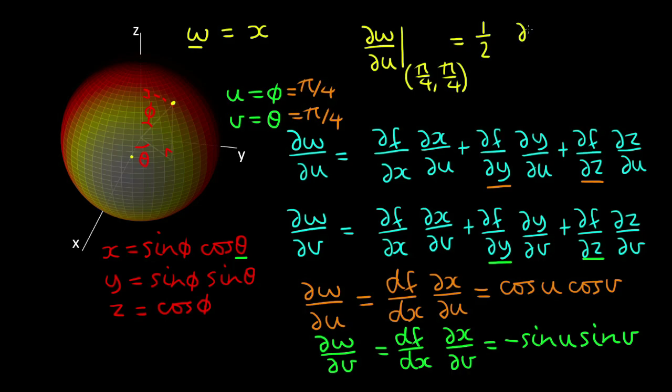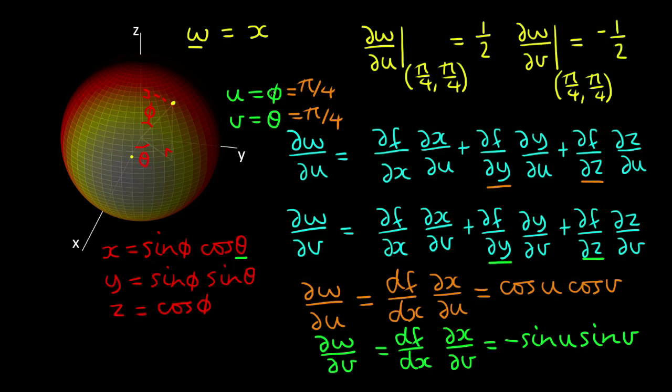And similarly, the partial of w with respect to v, evaluated for the same values of u and v, is minus sine pi on 4, which gives minus 1 on root 2 by sine pi on 4, so that gives minus 1/2.